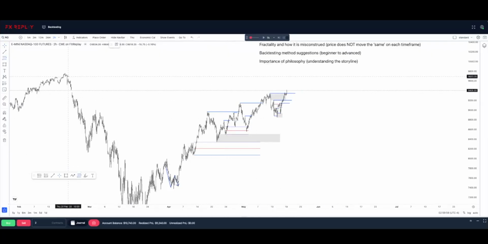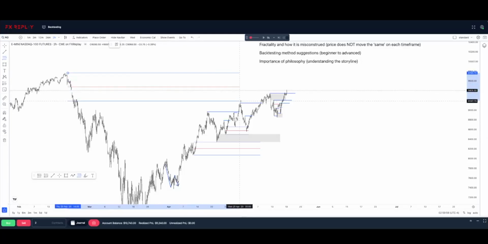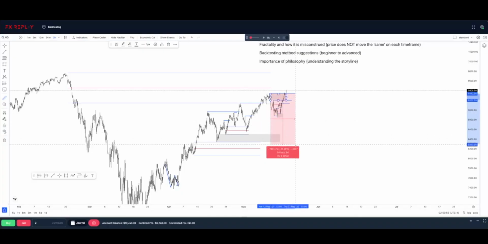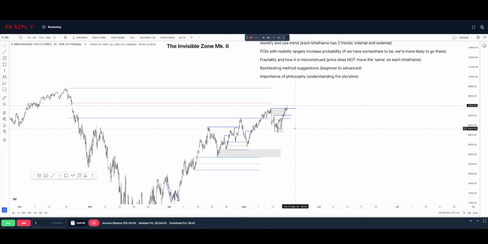Because if I'm just marking this top out here, and let's say I'm marking this latest high that did not send price to change trend to the downside right here, I have not gotten close enough yet to my invisible zone to even start to consider that we're looking to go bearish long term on the external on the 2 hour. Right? So we've got somewhere to be.